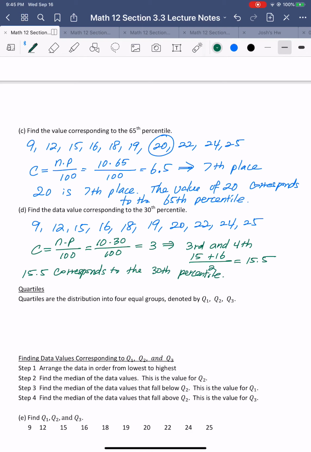Okay, now I'm going to talk about quartiles. The quartiles divide the distribution into 4 equal groups and are denoted by Q1, Q2, and Q3.